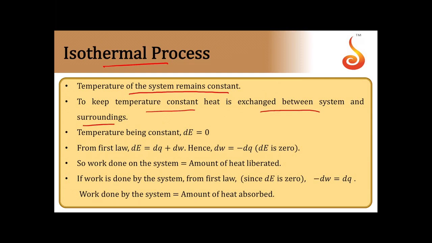With temperature constant, the energy of the system will not change, therefore dE is equal to 0. Again, from the first law of thermodynamics, dE is equal to dq plus dw, and since dE is equal to 0, we can say dw is equal to minus dq.